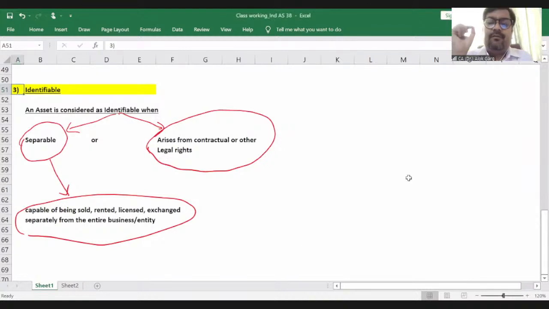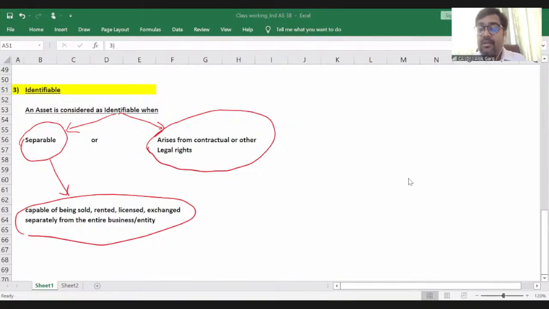So friends, first of all, an asset is considered as identifiable when it is separable or it arises from contractual or other legal rights. Tell me whether there is any contractual or other legal right associated with its market share. Have I contracted with the customer that yes, you all will purchase from my shop only? Is there any contract between the customers and this particular entity?